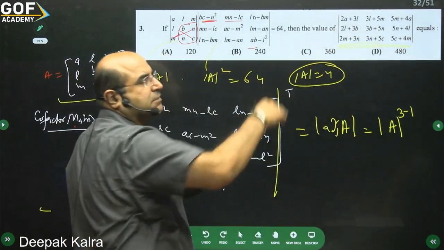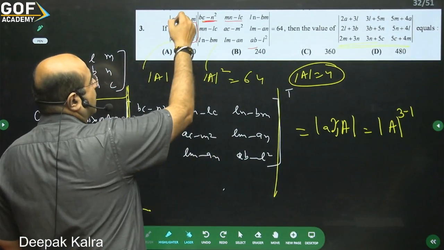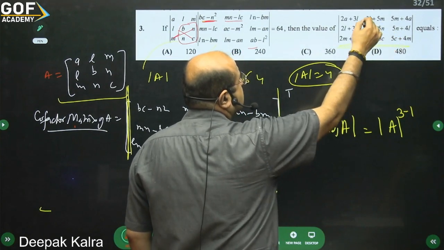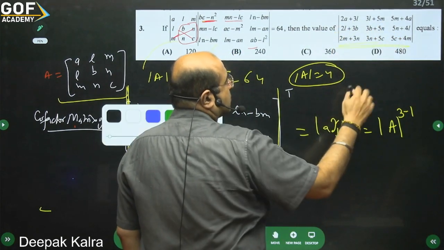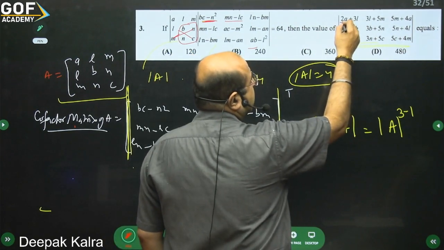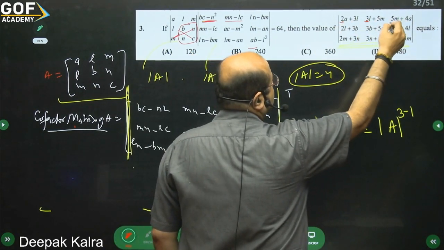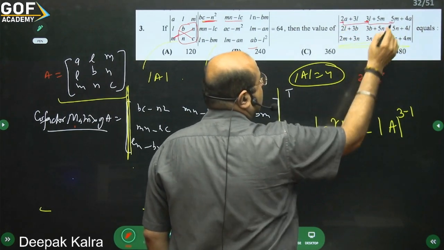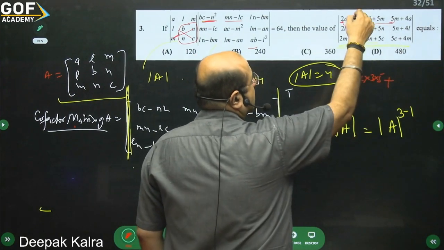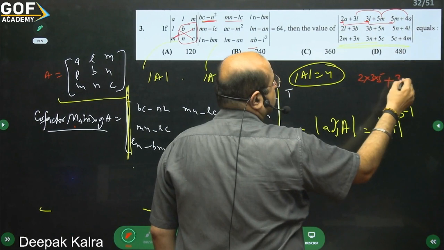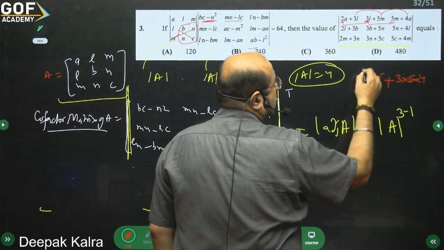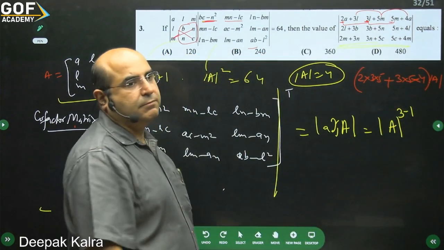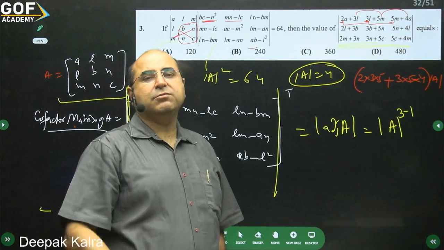Now, how to check this? Understand carefully. ALM, LBN, MNC, they are being used only with their scalars being some multiplication. So, how to analyze this? You just pick 2, 3 and 5. 2 into 3 into 5 will come in one scalar, 1 plus 3, 5 and 4 comes as another one, multiplied by determinant A. This is the easiest way to remember.